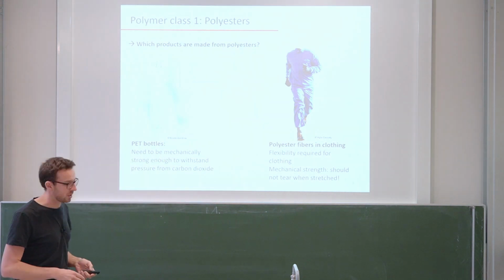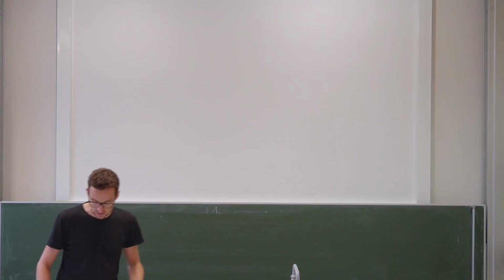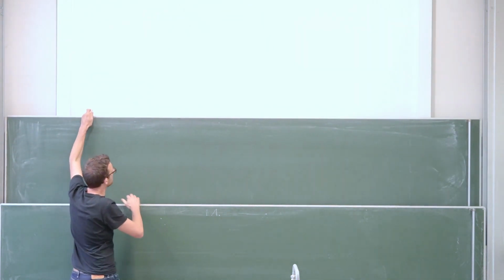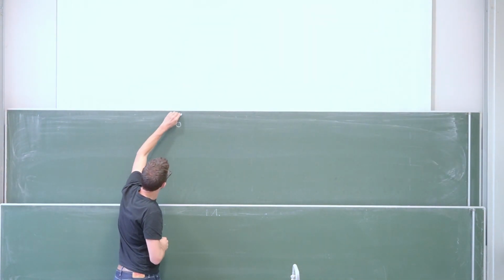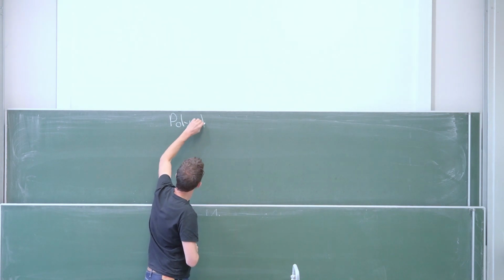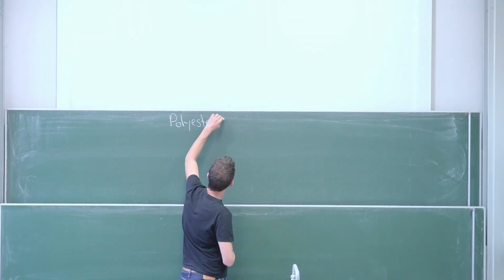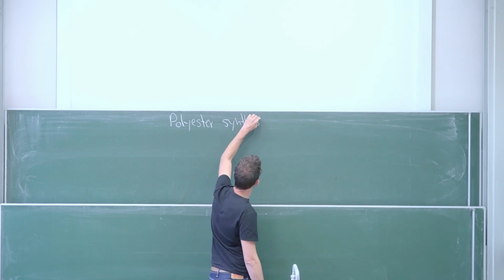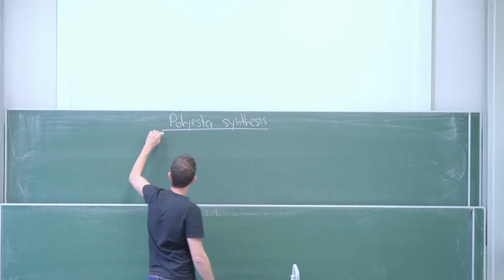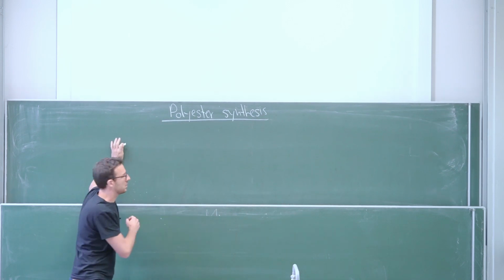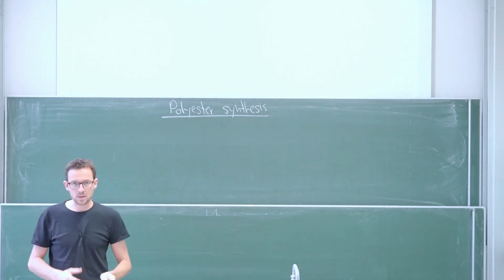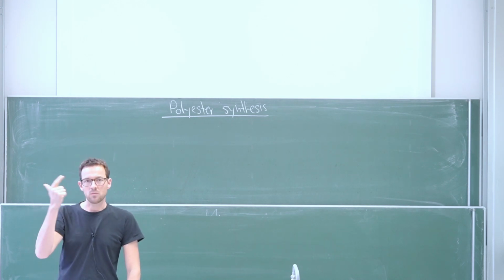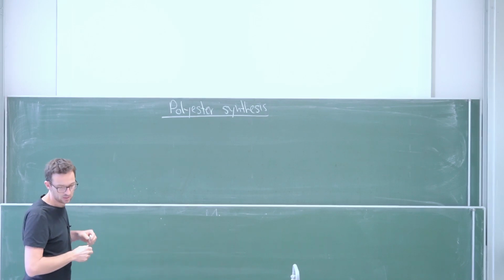So how do we make polyesters? What's the chemistry of polyesters? In order to form a polyester, we need an alcohol, a diol, to react with a carbonic acid.